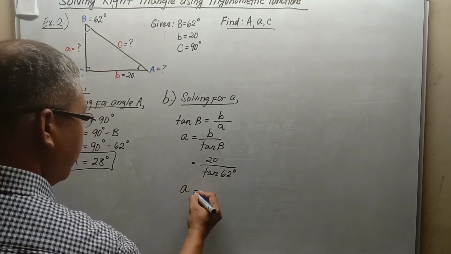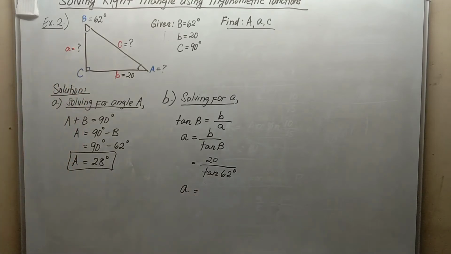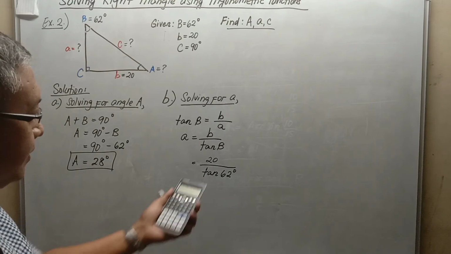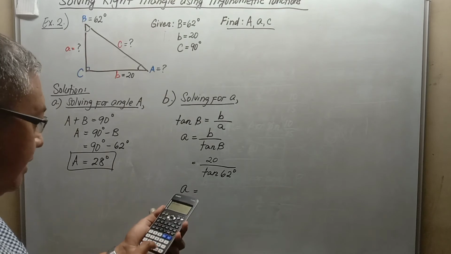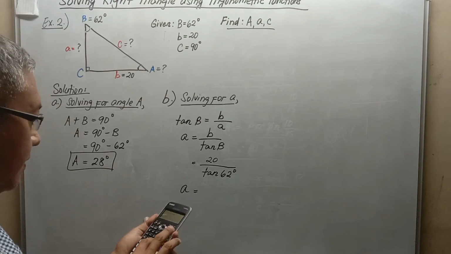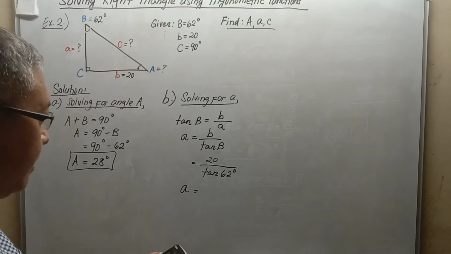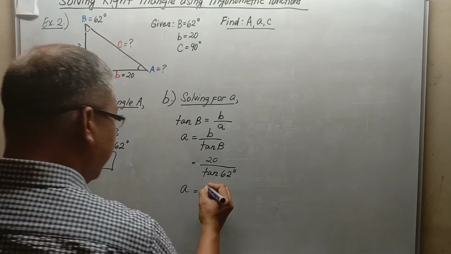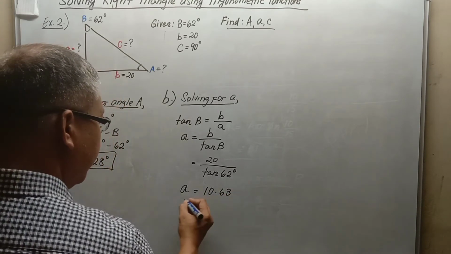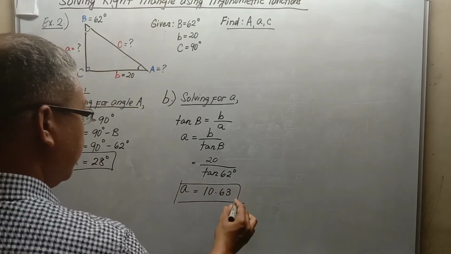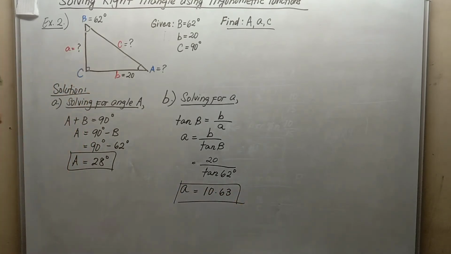So A will be equal to 20 divided by tangent 62. So there are 10.63. Tangent 62 is 1.88. 20 divided by 1.88 is 10.63.